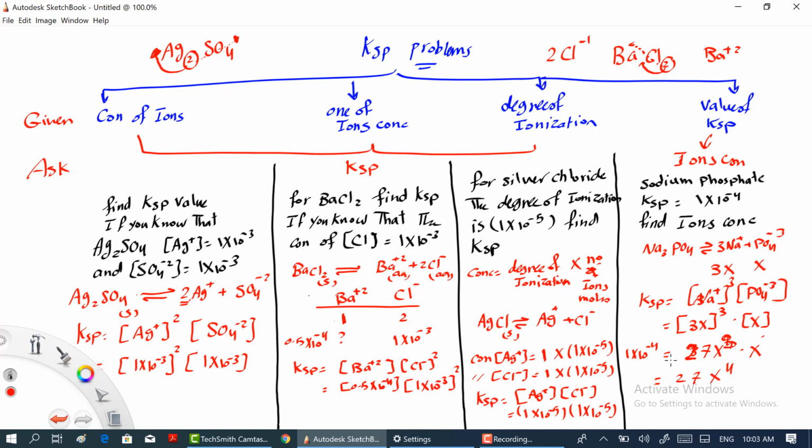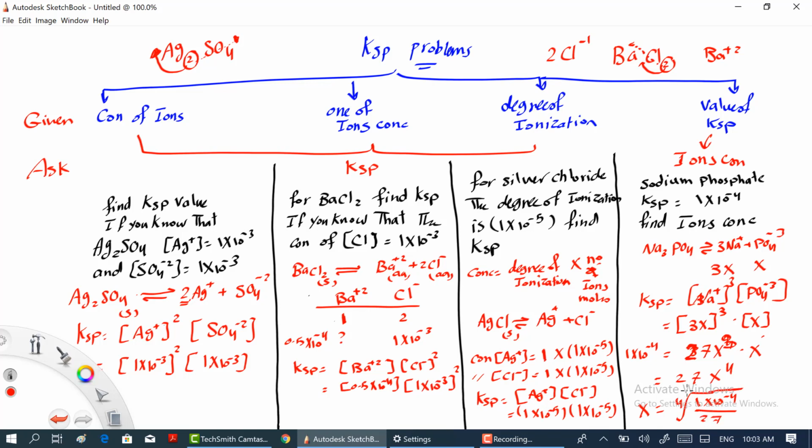We have the fourth root, so in this case the value of x equals the fourth root of 1 times 10 power negative 4 over 27.